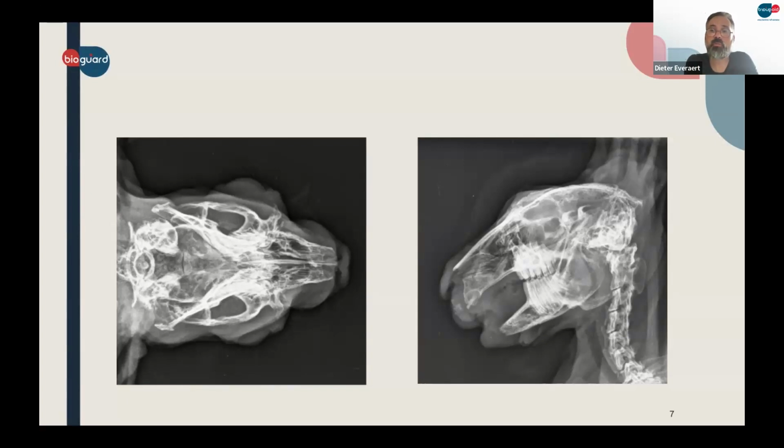So quite often what we need to do is open up the bulla, either with ear canal ablation, partially or totally, depending on what exactly is going on, or doing only bulla osteotomy, mainly ventrally. But in most cases, a big part of the ear canal too is involved. So in most cases it's also with total or at least partial ear canal ablation.